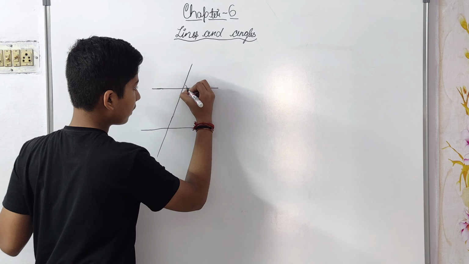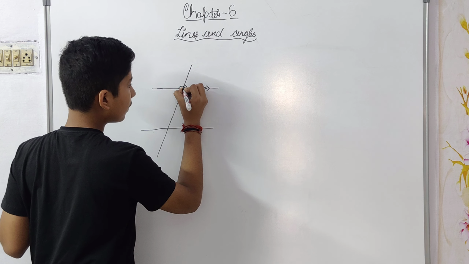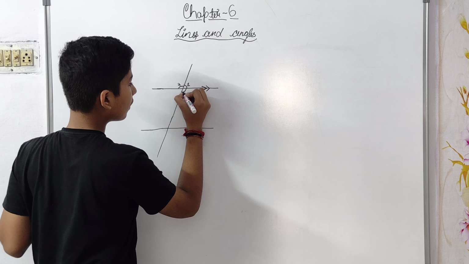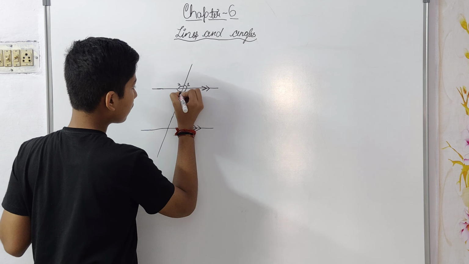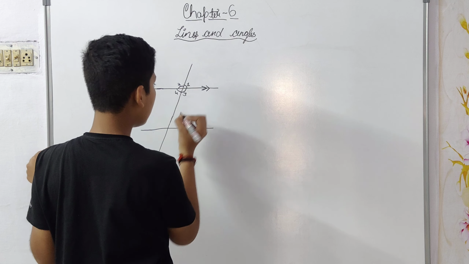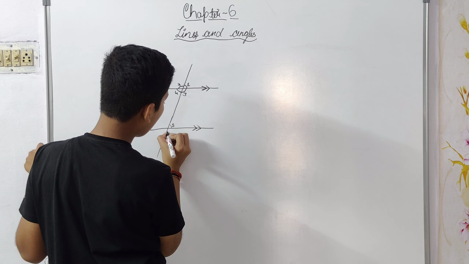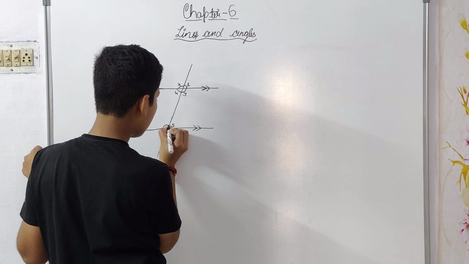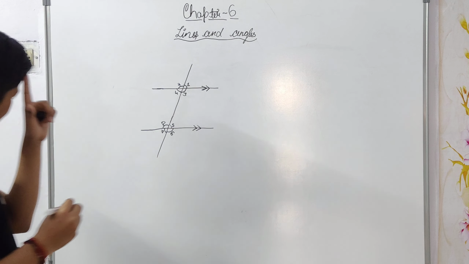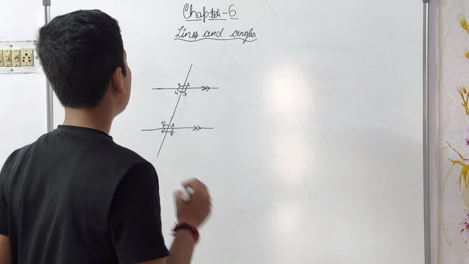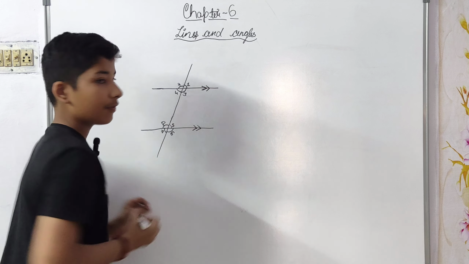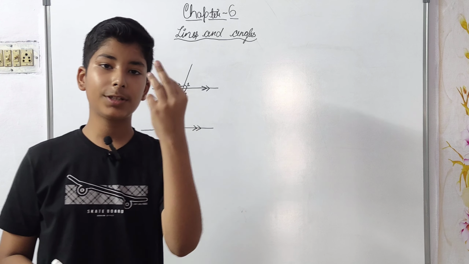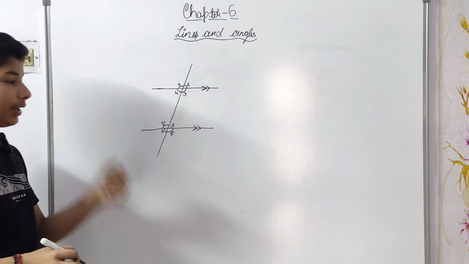Let me draw some angles. 1, 2, 3, 4, 5, 6, 7, 8. So there are 8 angles I have written.